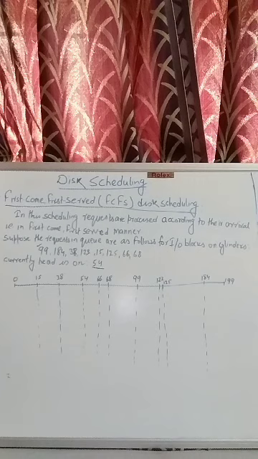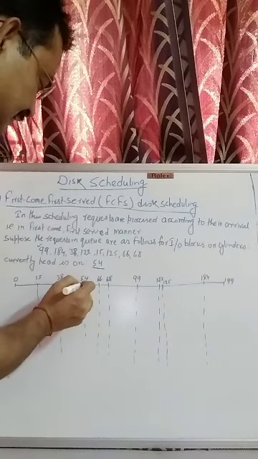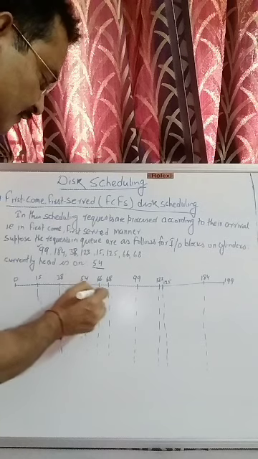So we have to start from 54 and process the request of 99.